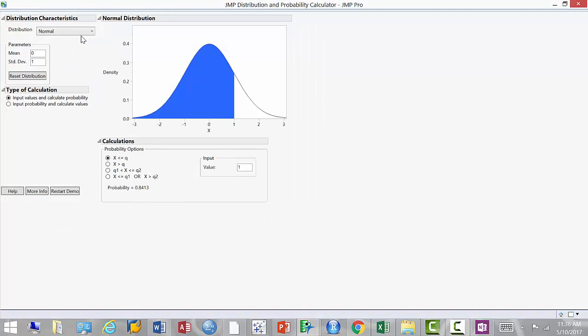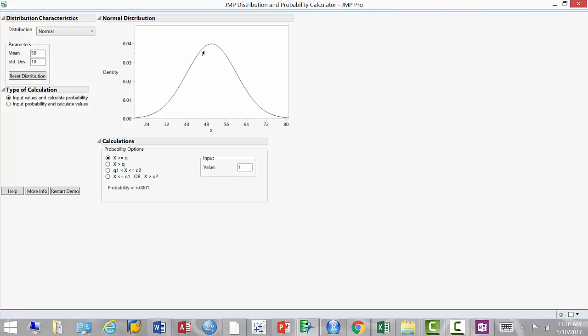And by default, I have normal already. The only thing is I need to modify my mean and the standard deviation because it's showing 0 and 1 right now. So my mean is 50, my standard deviation is 10. And it will adjust the display for me so that the peak is at 50. And I'm looking for the probability within boundaries.